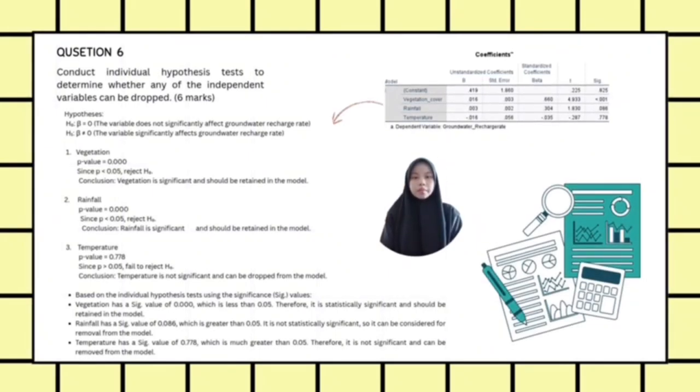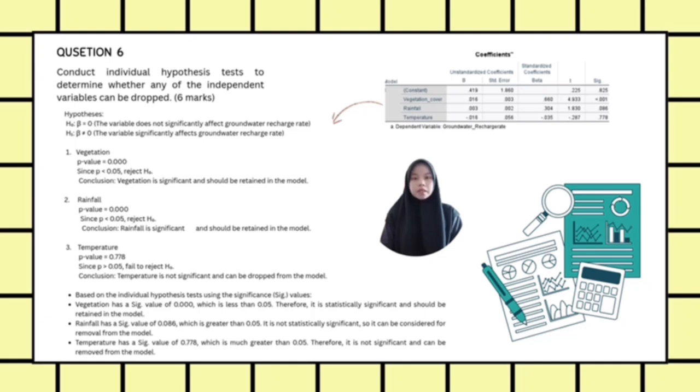Today I will be presenting question 6, which requires us to conduct individual hypothesis tests to determine whether any of the independent variables can be removed from the regression model. There are three independent variables involved in this analysis, which are vegetation, rainfall, and population.